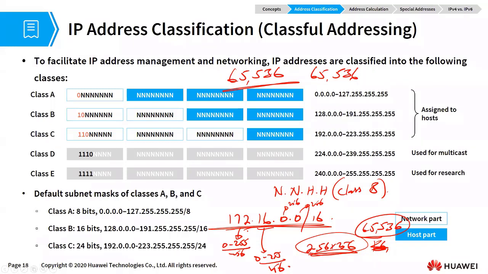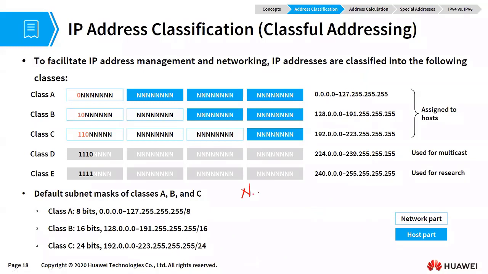Yes. Perfect. Let us look at a typical class C address. It is in the format network.network.network.host. So we have 192.168.17.0, and we are saying the subnet mask is 255.255.255.0, making it a class C, right?